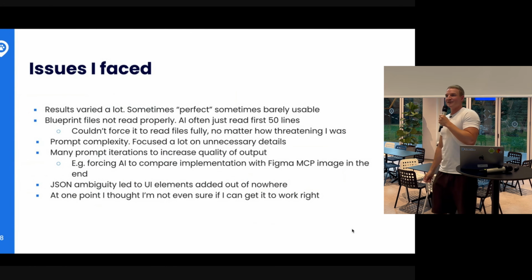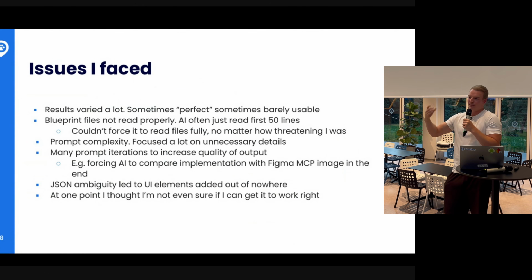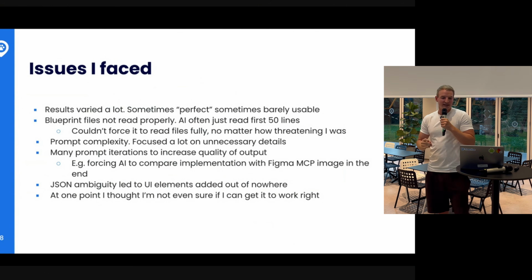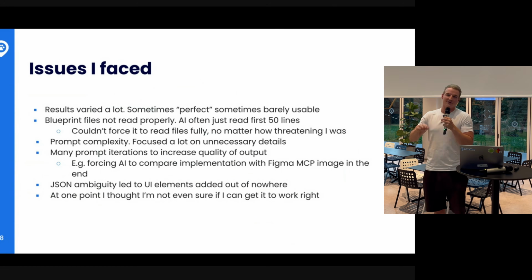But unfortunately, that didn't work as expected. Sometimes I would get perfect output, like it was basically one-to-one to what was shown in the design. But I also had many cases where it was not usable at all. And my end goal was to have some blueprint I can build up on and not waste time, basically. And I played around a lot by asking Copilot, hey, why did you not consider this or that?